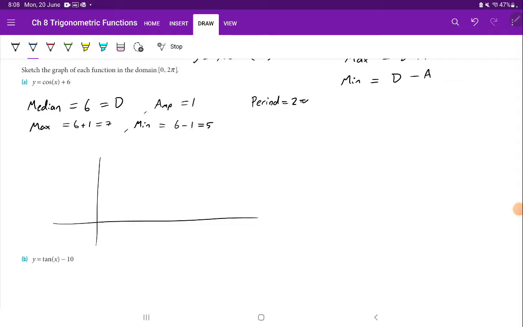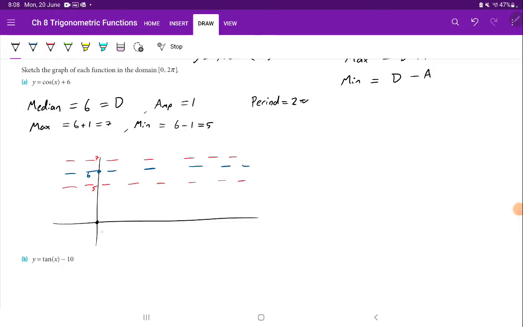So the first one is going to be my median. I'm going to do that in blue. It's going to be median at 6, so this is at 6. Then we're going to have a maximum at 7, and a minimum at 5. And so our peaks are going to hit the maximum line, our middles are going to hit the middle line, and our minimums are going to hit our minimum line.